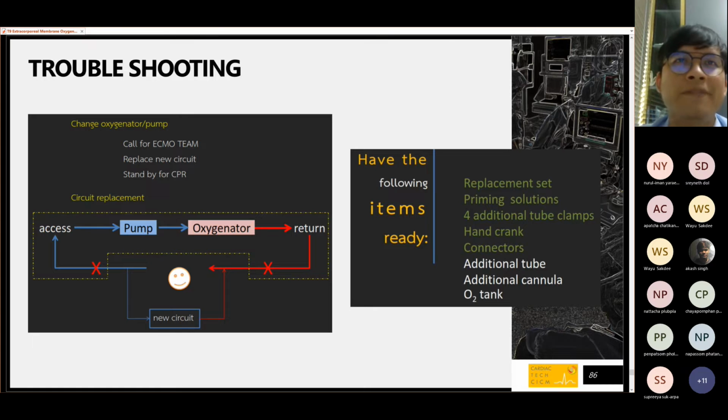At the time that we have stopped the pump, there is no support to the patient. So here are the items that we need to prepare beside the Ecmo cart, because troubleshooting is sometimes unpredictable. Okay.